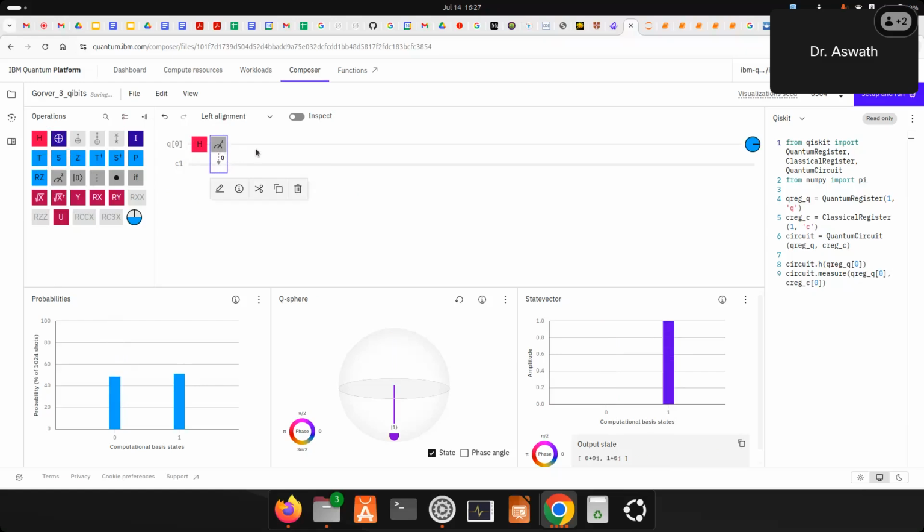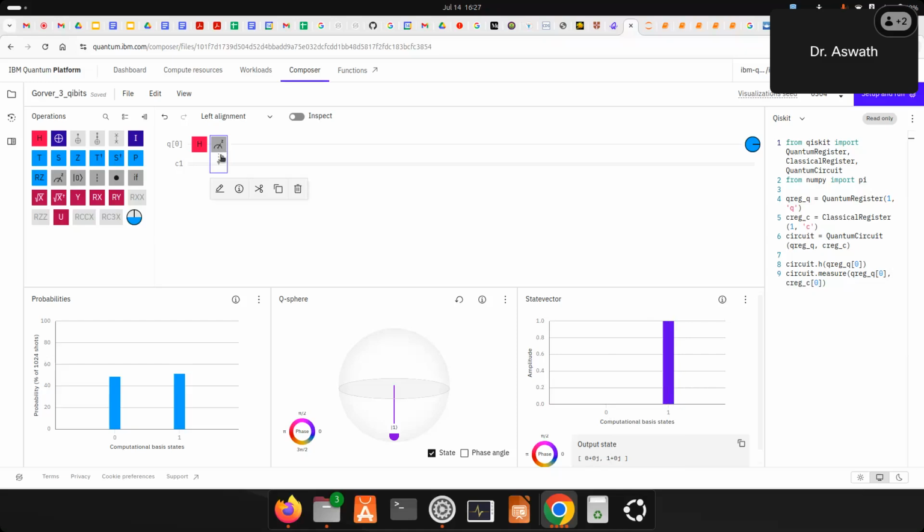You see now, when I make an observation, it is falling into one. Let's say you make an observation 100 times. Sometimes it falls to here, sometimes it falls to here, but it's a simulator, so it is just showing one. If you perform this experiment 100 times on an actual quantum computer, you would get 50% here, 50% here, because an equal superposition state is being created.